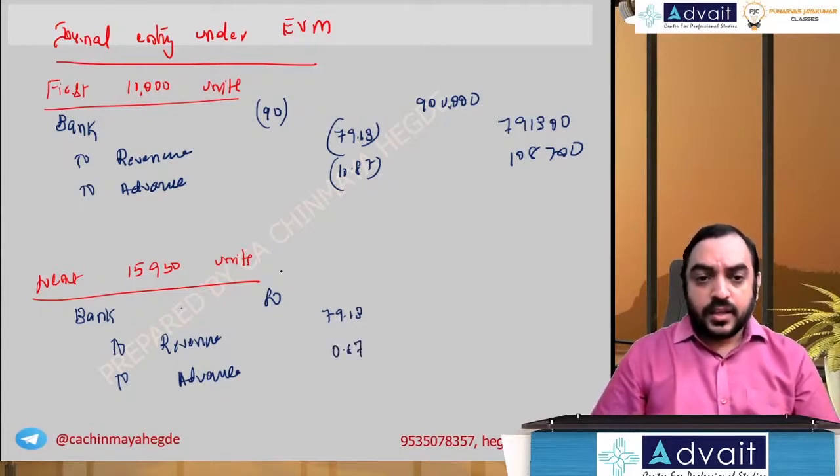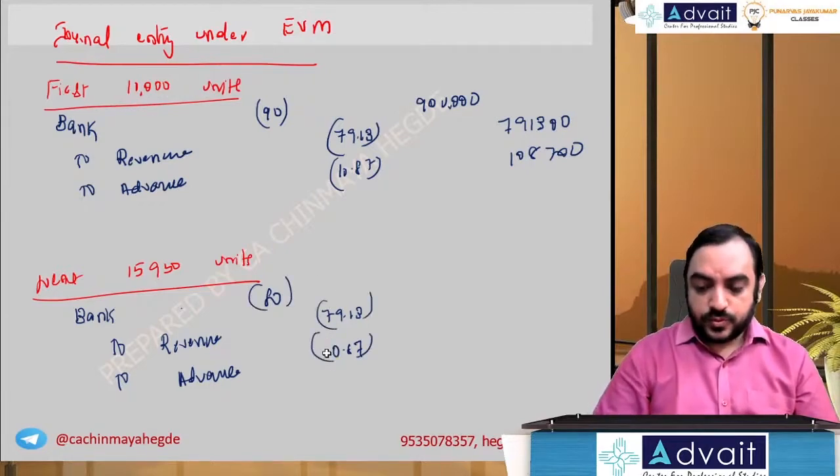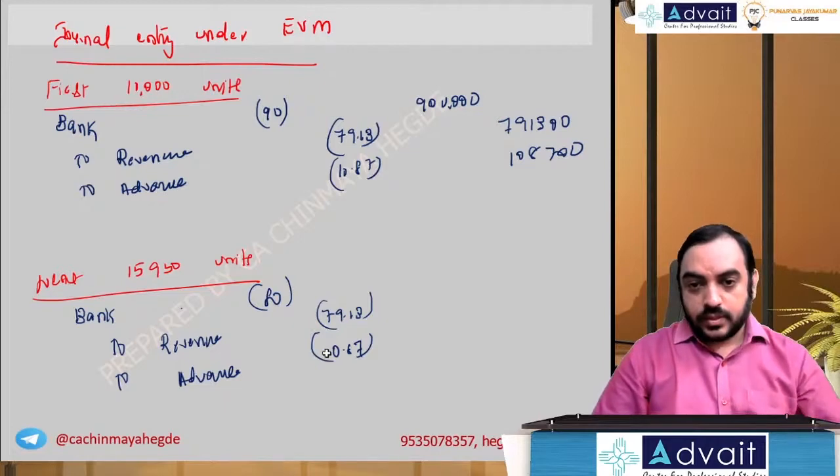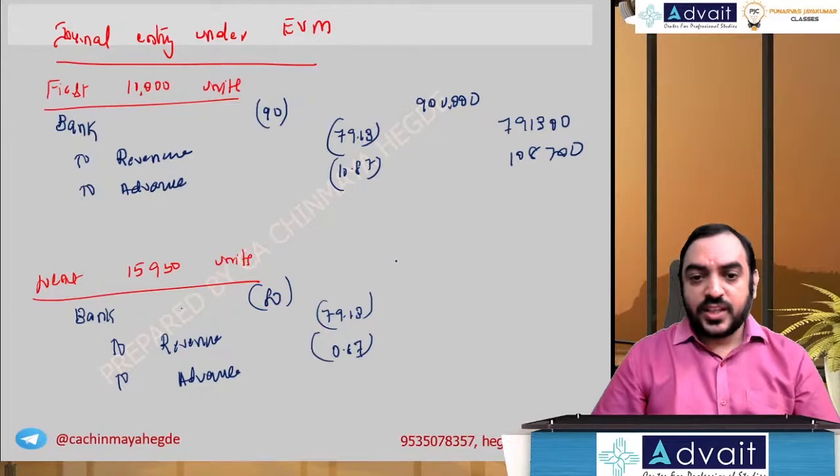So you multiply it by 15,950 units. 80 into 15,950, you get 12 lakh 76,000. 79.13 into 15,950, 12 lakh 62,124, and 0.87 into this, 13,876.